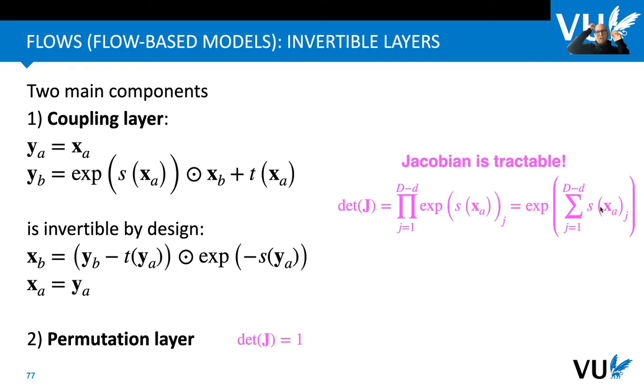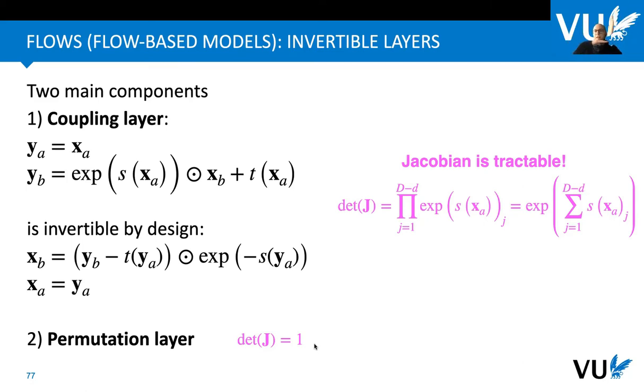But of course, if we apply so-called coupling layers many times, we would never change the first part, right? A simple trick to allow processing all random variables is that we can permute or flip the order. In a permutation layer, if we know exactly how we flip or permute it, the determinant of the Jacobian of this transformation is simply 1, because it doesn't change volume, it just flips.